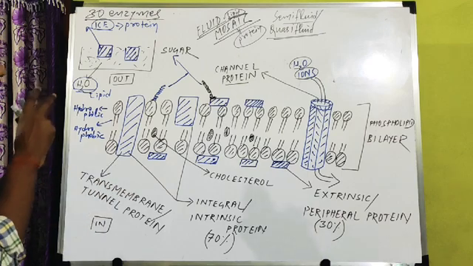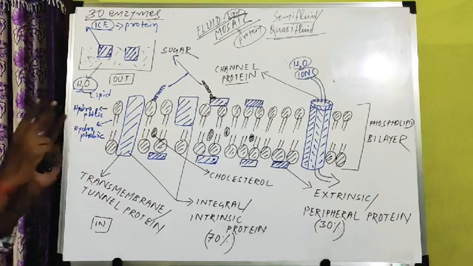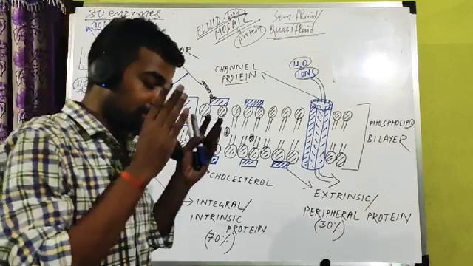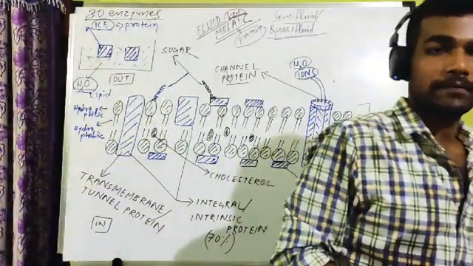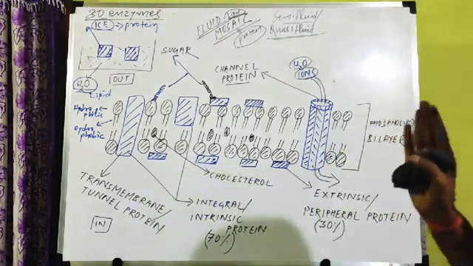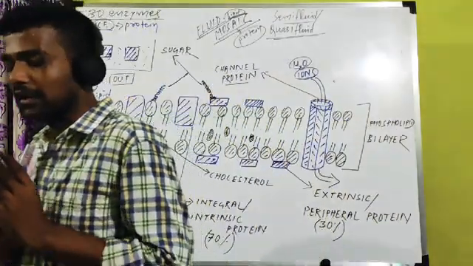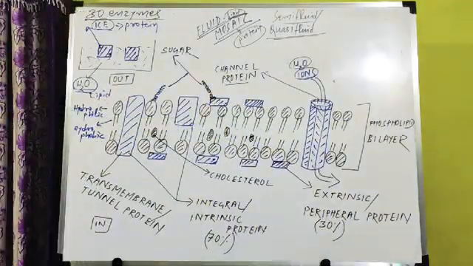The cell membrane of prokaryotes is the same as in eukaryotes. Prokaryotic and eukaryotic cell membranes are similar in structure as well as function. So the cell membrane never varies with respect to structure and function in both prokaryotic and eukaryotic cells.